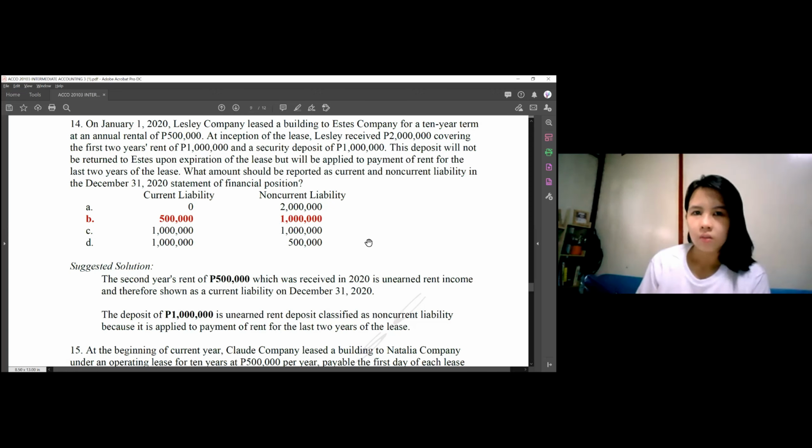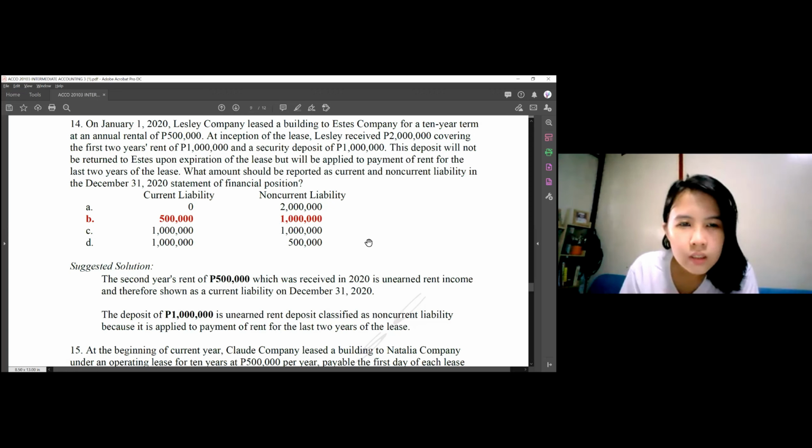Minus 2 million. Okay, let me just check. Ang tanong ay December 31, 2020, current and non-current liability.